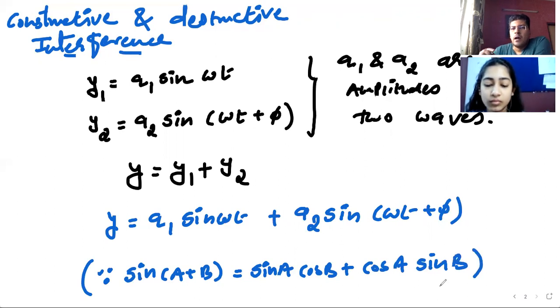So omega t is taken as capital A and phi is assumed as b. One by one, sine omega t cos phi plus cos omega t sine phi. It is called the expansion of sin omega t plus phi.